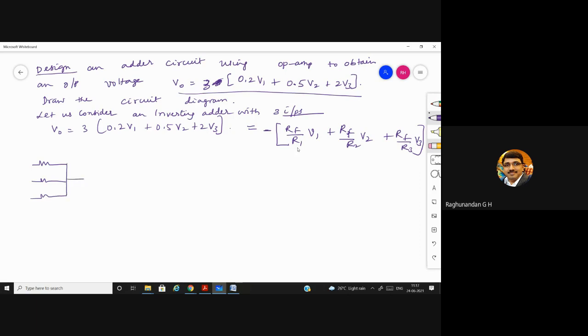This is the 3-input adder. You have negative, this is the positive, and this is the feedback resistance we are having.